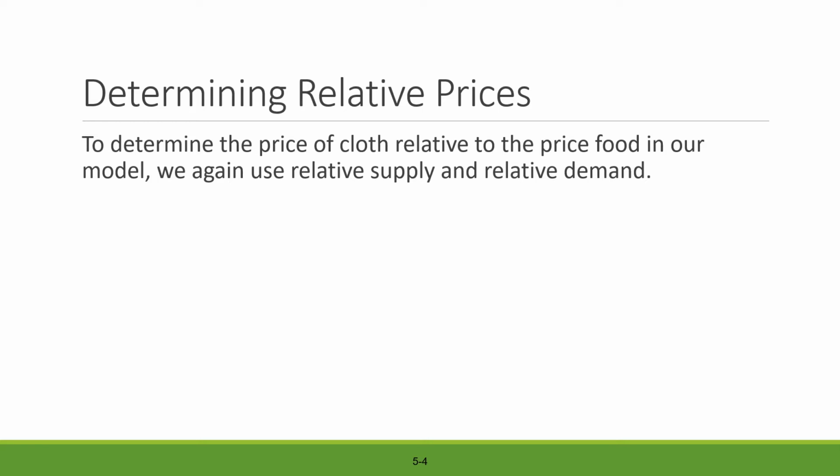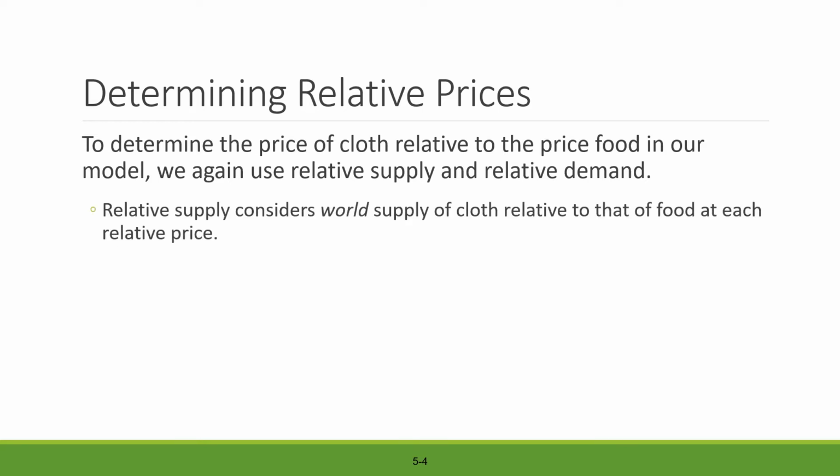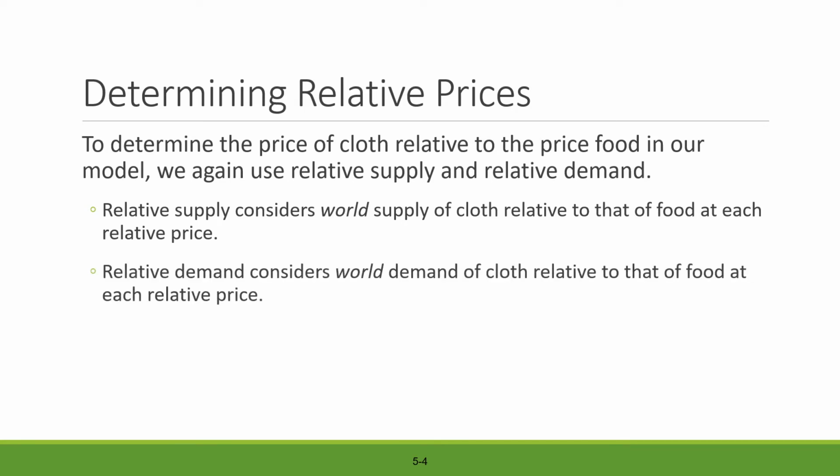So it is basically common in both the models, and so it is also the same in the standard trade model. Now, the relative supply considers the world supply of cloth relative to food at each relative price. And then the relative demand considers world demand of cloth relative to that of food at each relative price.